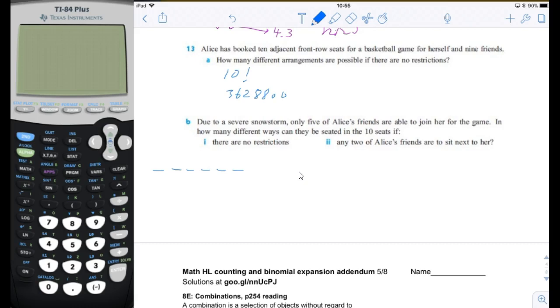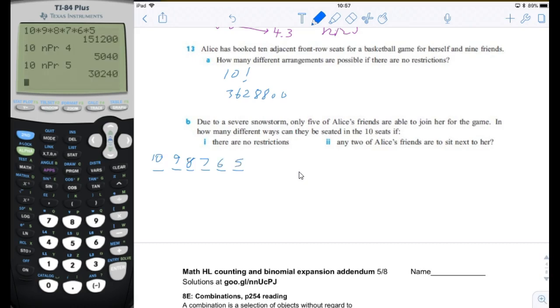And then instead of filling the chairs with people, we're going to take the people and put in their hands a ticket with the chair number written on it. So there's going to be 10 possible tickets, and the first person can choose from 10 tickets, the next person can choose from 9, 8, 7, 6, 5. If you want to do this in the calculator, it would be 10 permutation 6 because you're choosing 6 numbers here.